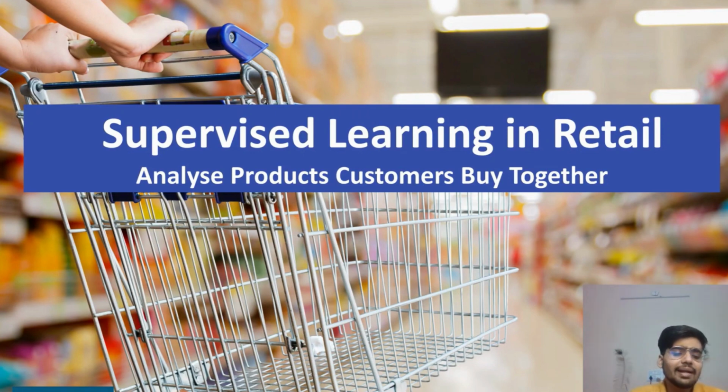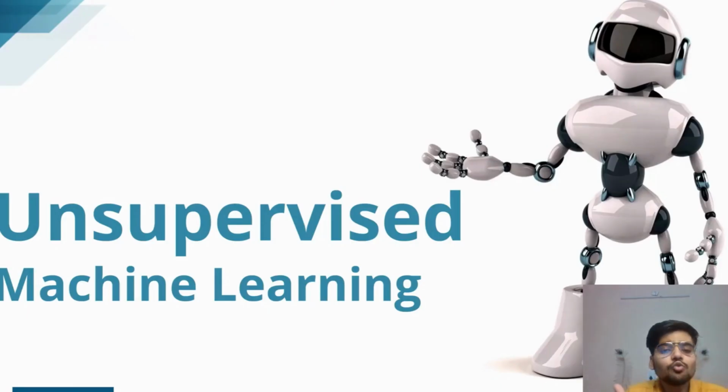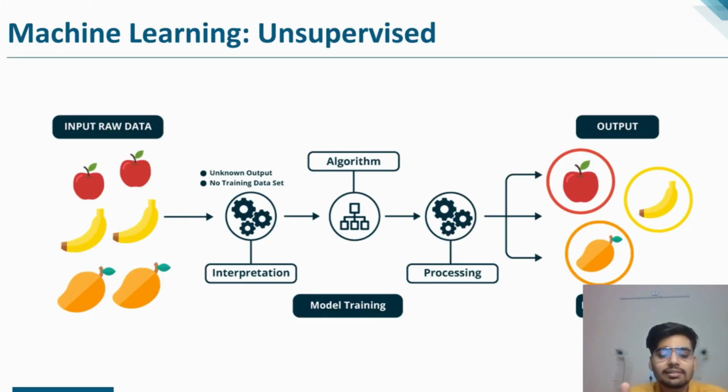Now next is unsupervised learning. Unsupervised learning is where we have data x and no corresponding data y. So it's data x only, and we build a model on particular characteristics, interpretations, and the clusters they form by their similarities. We have input raw data with no labels.